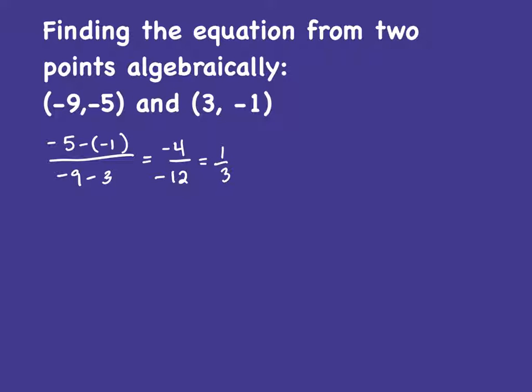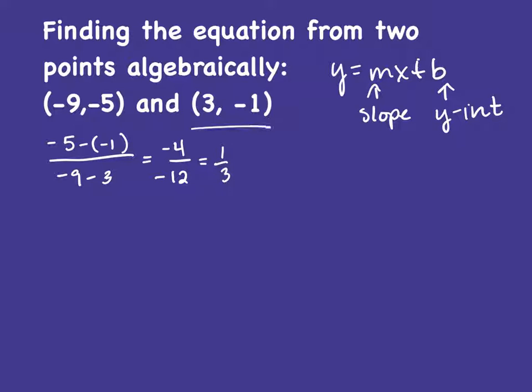One way to do this is by using the y equals mx plus b, where m is your slope and b is the y-intercept that we have to solve for. So you can put it in that form. And then you have 2 x and y values right here and here, so you can use either one. I'm going to go ahead and use the 3, -1. So I'm going to put -1 in for y. I'm going to put 1/3 for my slope.